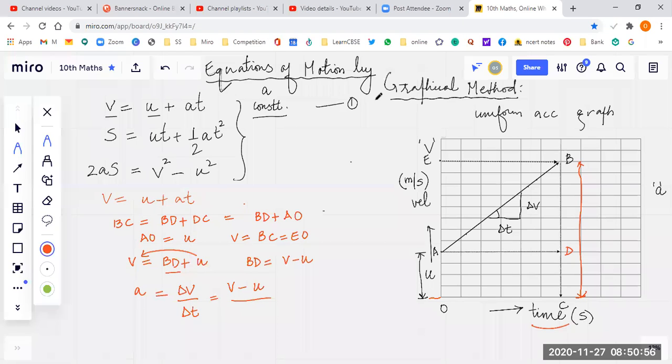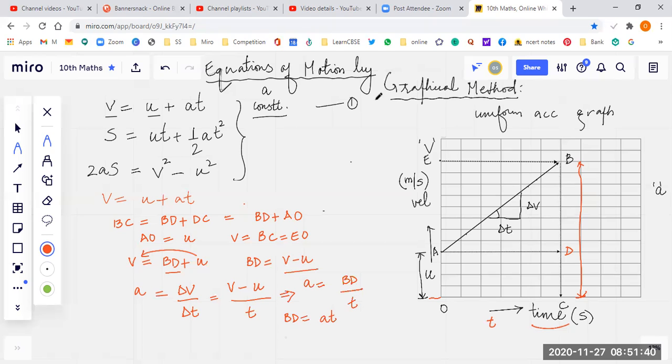From O to C, or A to D, let's say the time is T. So I can say A is equal to V minus U, which we have proven is BD, divided by T. So BD is equal to A into T. Am I right?